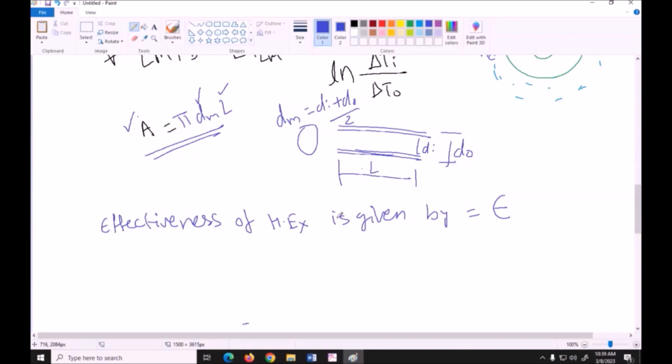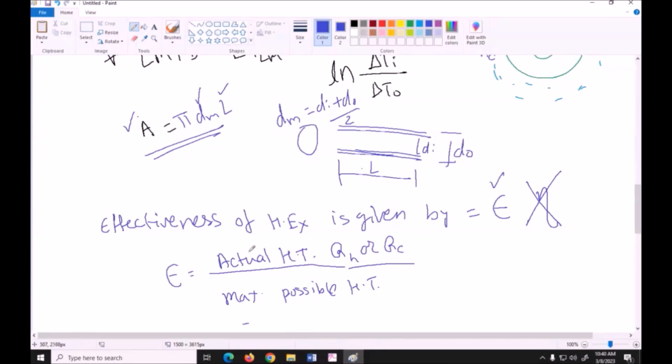So remember, the word efficiency is not used for the heat exchanger, and it is replaced by effectiveness, which is like efficiency. Effectiveness is defined as the ratio of actual heat transfer, Q_H or Q_C, either one because it is the same, to the maximum possible heat transfer.